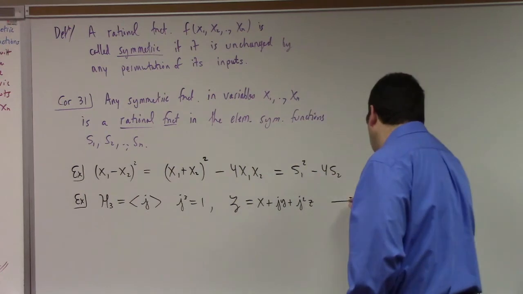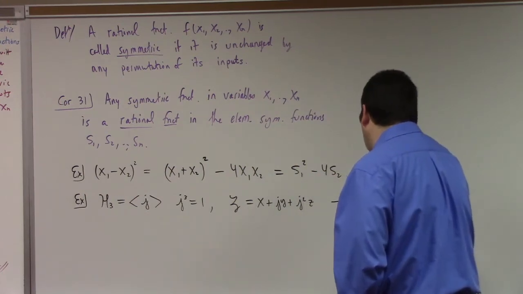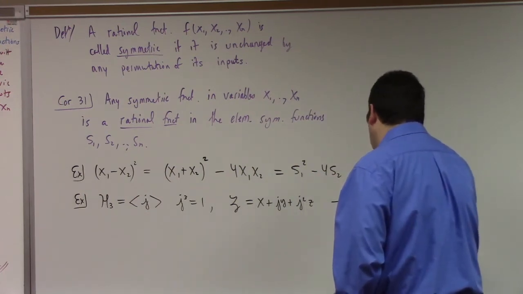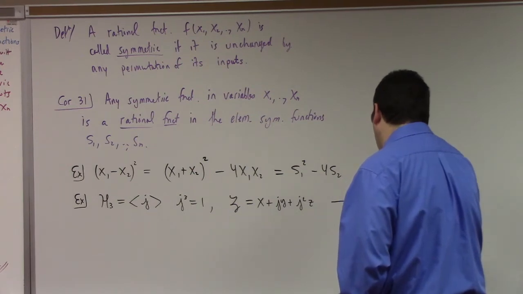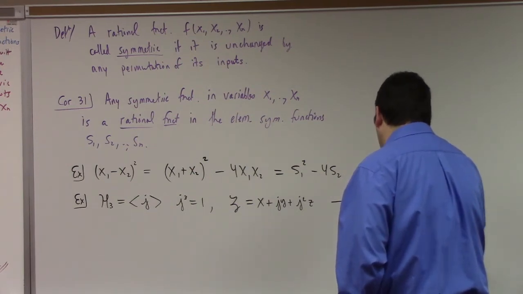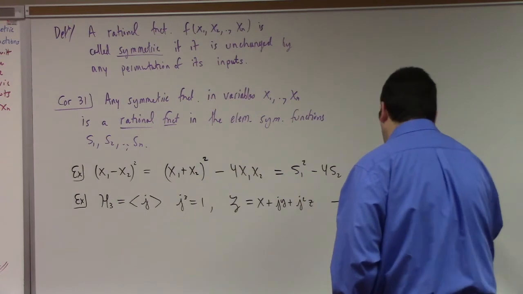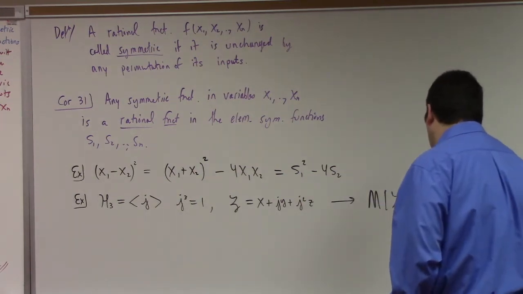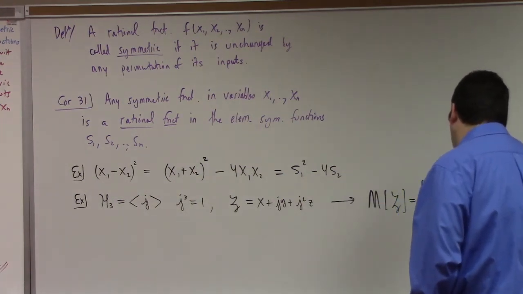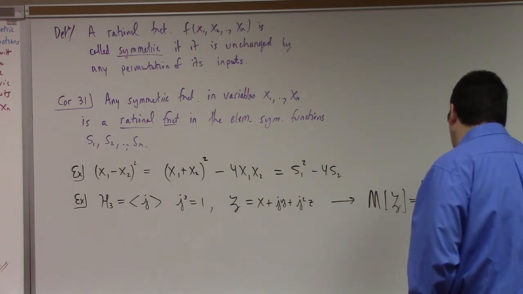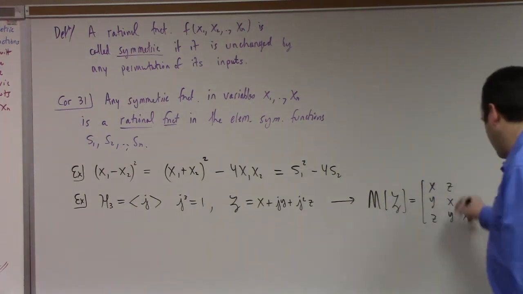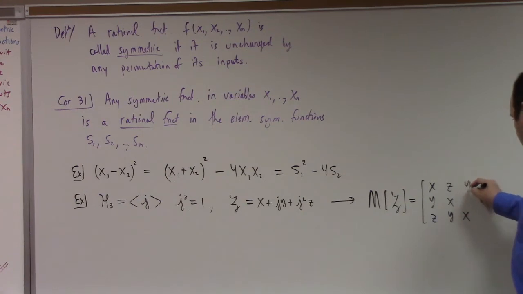The fundamental matrix representation of that is a 3 by 3 matrix with x down the diagonal, and then the y and the z flow over the top, the y flows up to the top, and then the z flows down like that. This is the regular representation of a 3 hyperbolic number.